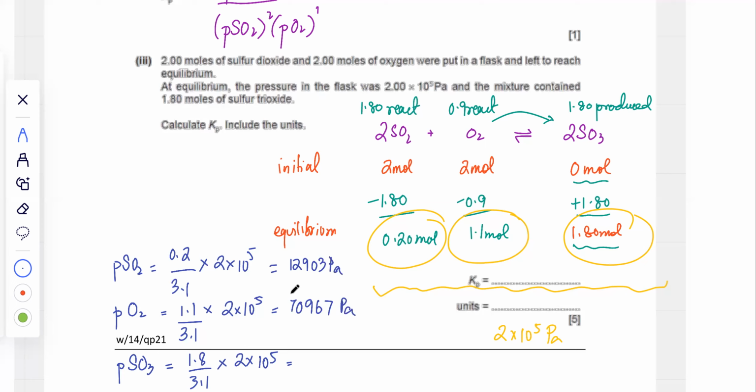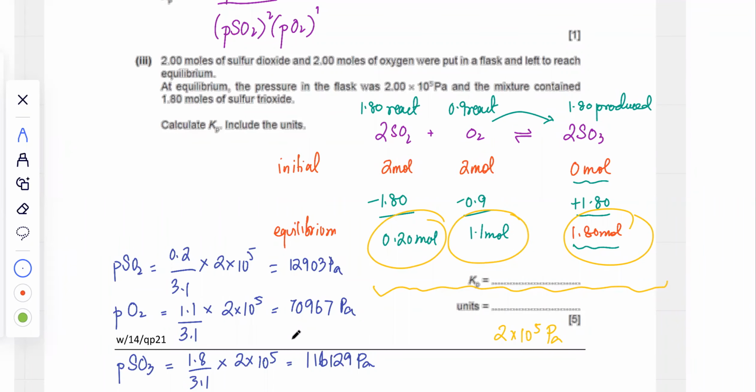And what about the last one? 116129. So the last one is 116129. Yes. So that's your last one, right?